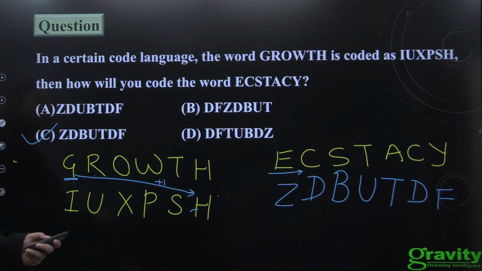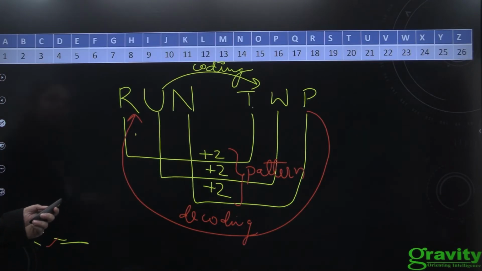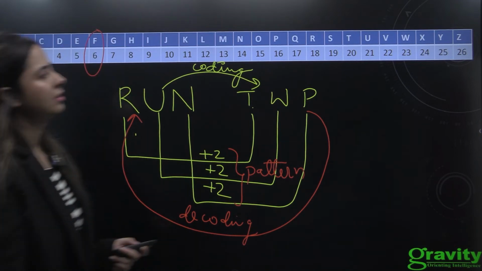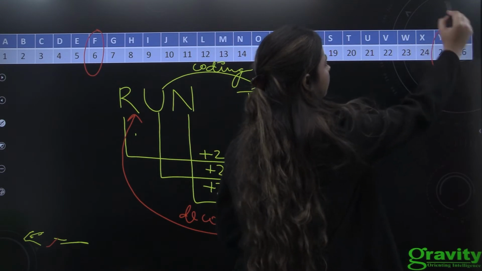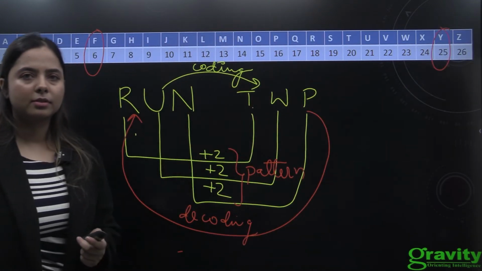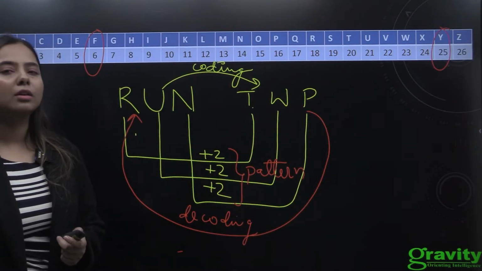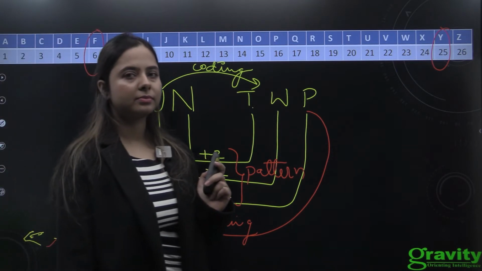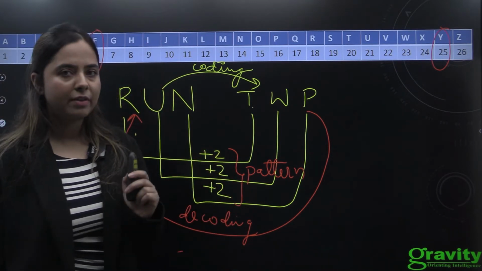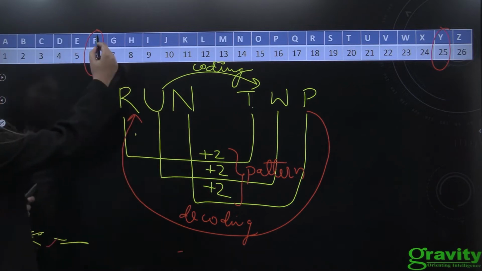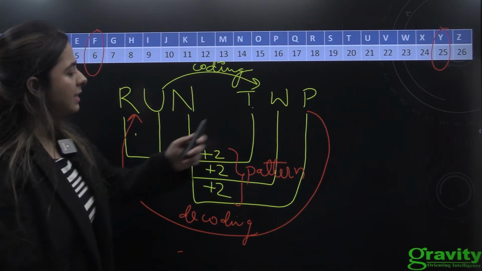Let's make use of the chart. What is the position of F? 6. What's the answer? 13, 4, 25. 4 is not correct. 13, 5, 25 is the answer. The position of F is 6, Y is 25.